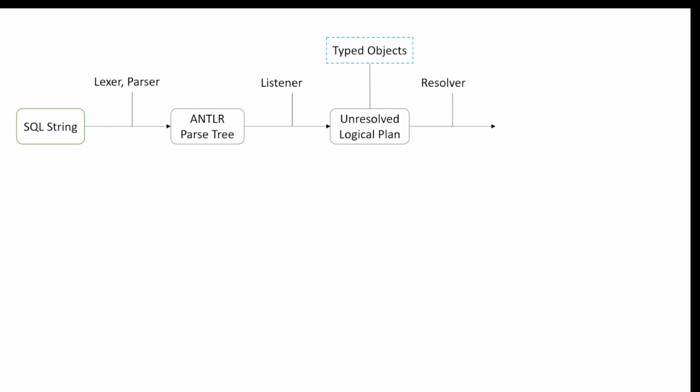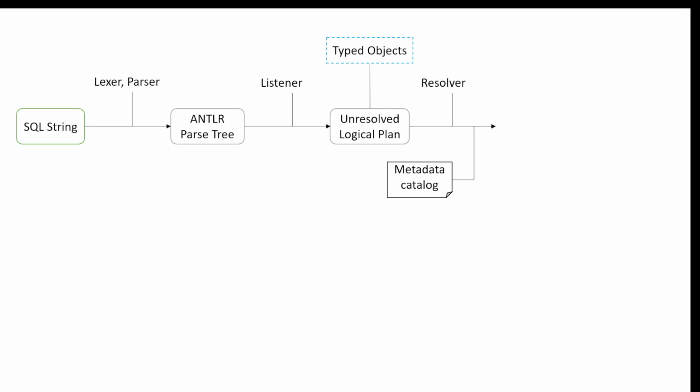Then it starts with the resolver. Basically, this resolver will resolve an unresolved logical plan. It will resolve all the items which are indexed, and then make sense of them using the metadata catalog, about what each relation means. For example, if it says a table name, what does that table have?